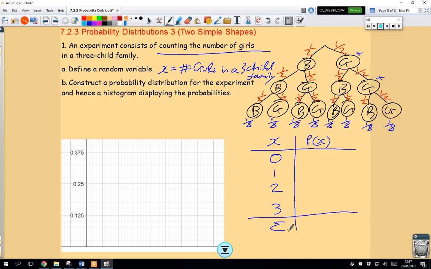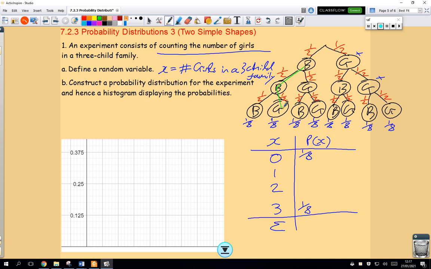And the probability of these things, well, look at the probability of 0 girls. Well, that would mean all boys, so there's a 1 in 8 chance. The probability of 3 girls is girl, girl, girl. That's a half times a half times a half. That's also 1/8. We have to be a little bit careful of these. Well, the probability that there's 1 girl, I'm just going to think about these, because there's 1 girl: girl, boy, boy, or boy, girl, boy, or boy, boy, girl.